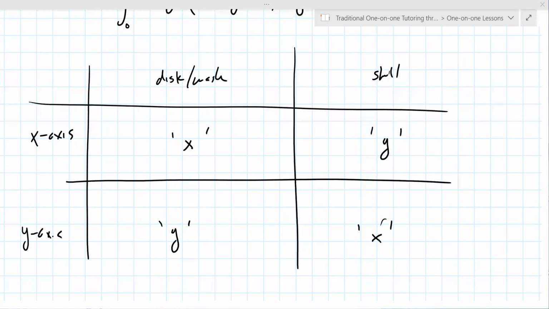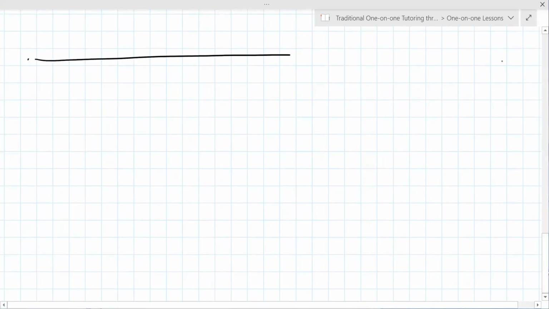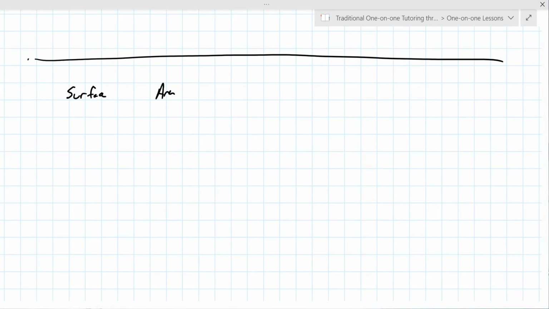I believe it's 2 pi ds. So the surface area integrals, let me just confirm that here. You end up doing some of these again in calculus 3, but in more than one variable.